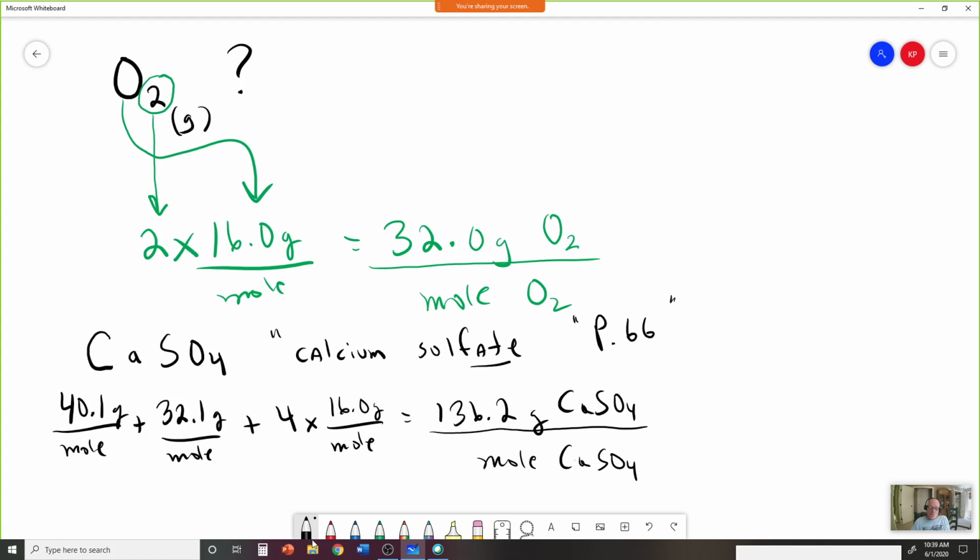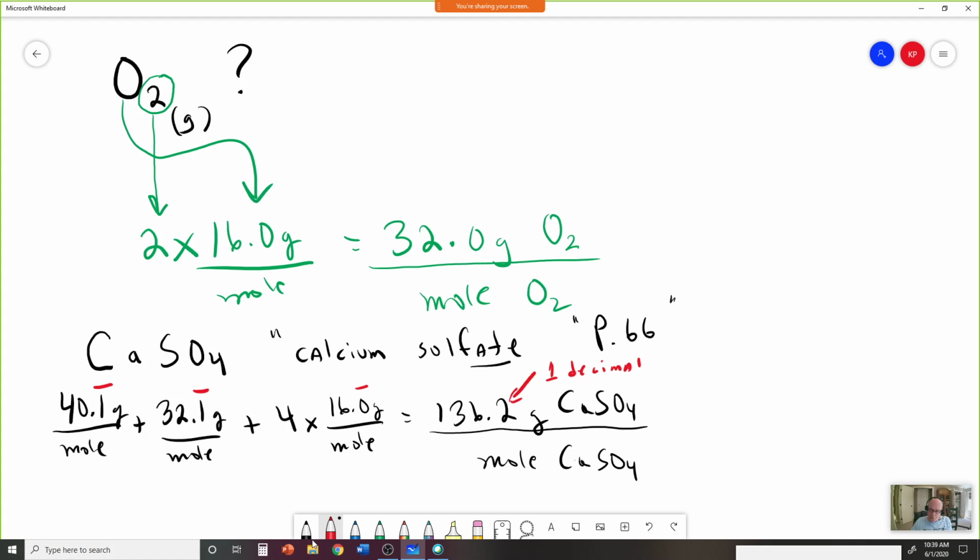And generally, when you're doing these molar masses, don't think too hard about significant figures for the answer. Just make sure you go out to 1 decimal. Because if you think about it, these are all 1 decimal, 1 decimal, 1 decimal. What's the rule for addition?